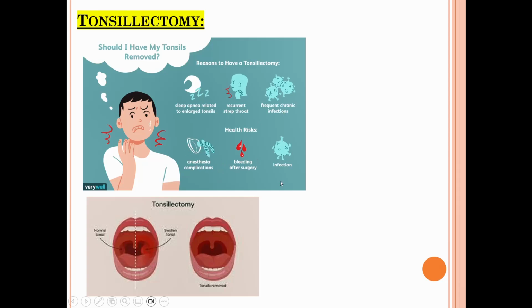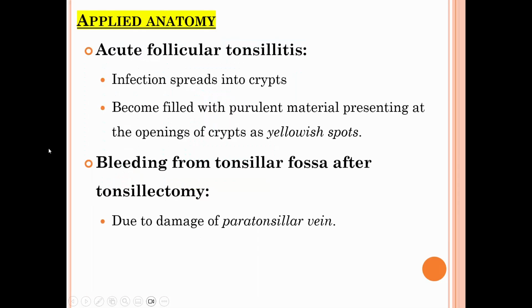There are also risks related with tonsillectomy: there might be infection, there may be bleeding, there may be anesthetic complication, and these are the reasons why tonsillectomy should be done.